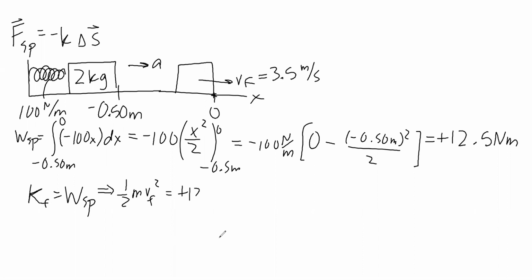Oh, you don't even need, when dealing with kinetic energy, you don't need a plus or minus because it's always positive. Kinetic energy is a non-negative quantity. And of course, I chose mass to be 2 so that it would cancel with the half. And so this is really like square root of 12.5. Square root of 12.5 is very nearly 3.5.